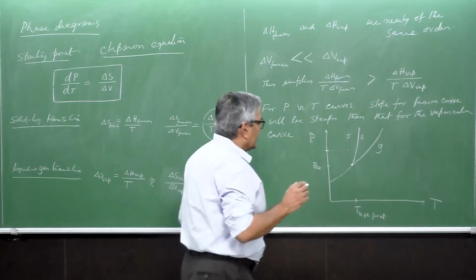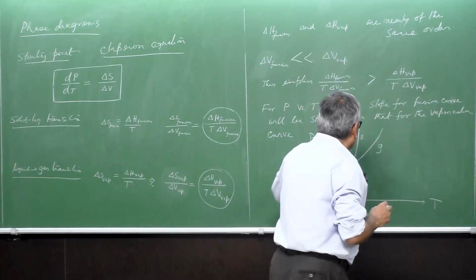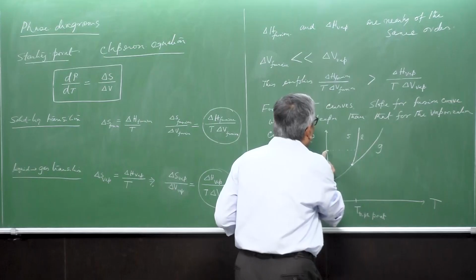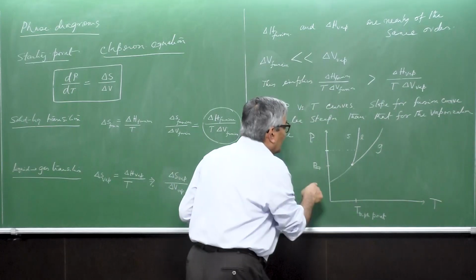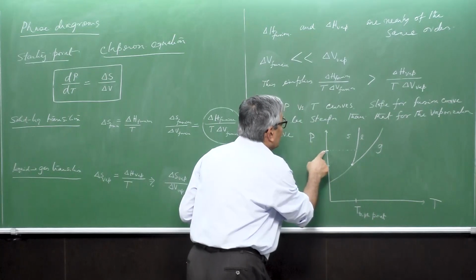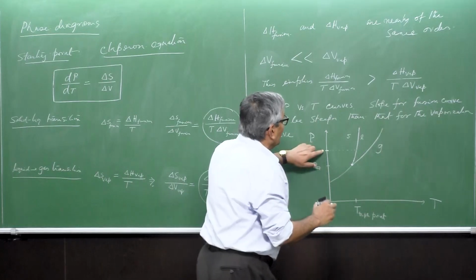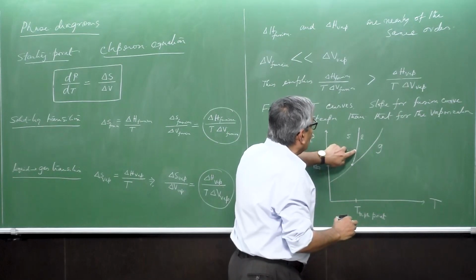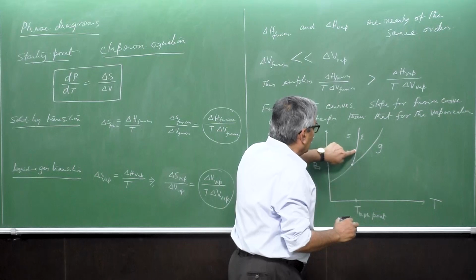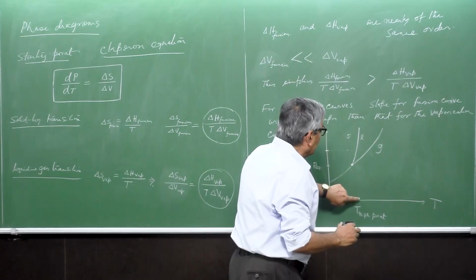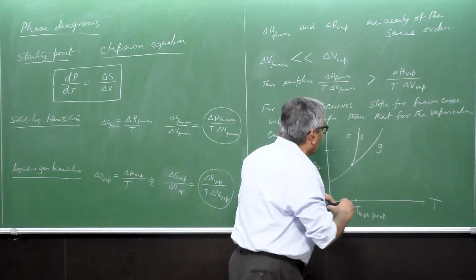So, that has to be kept in mind. If I look at the normal boiling point at 1 atmosphere, then I have a normal melting point, and at this point it is a normal boiling point.